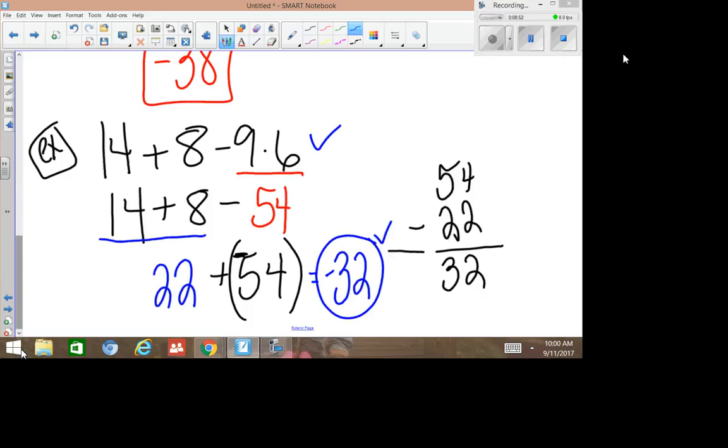I'd like to do a word problem with you because there's one on your bookwork. So why don't you go to page 96 in your book? We'll just do this one in our notes together, okay? Page 96.